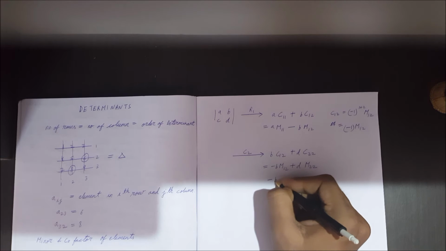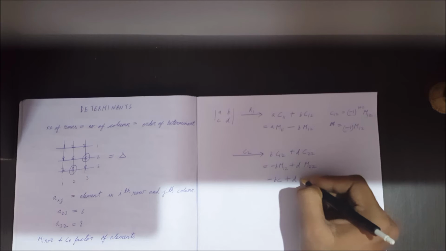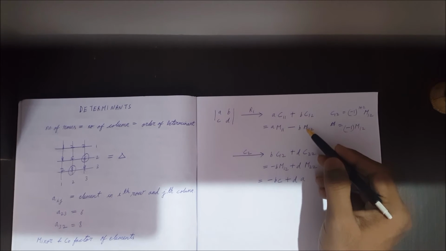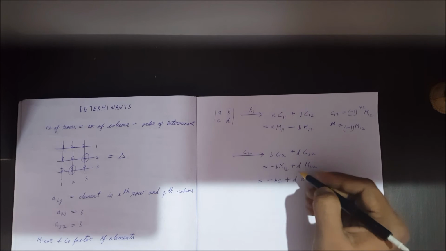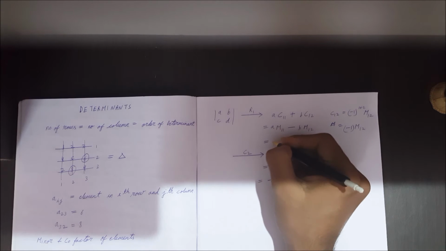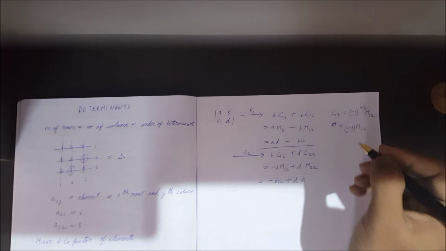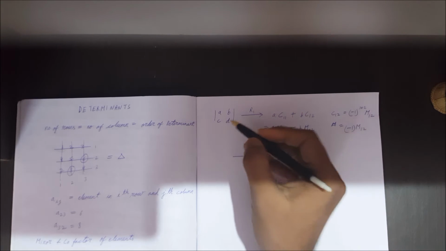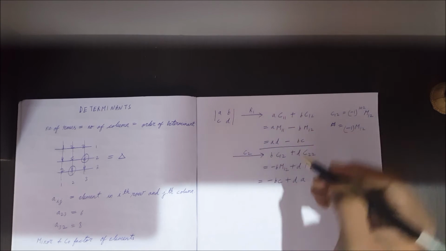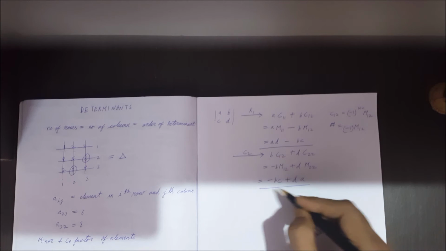We can write minus B C plus D A. So what happened is that we get AD minus BC. So the value will be the same whether you expand with row 1 or row 2 or C1 or C2. Always the value of a determinant will come the same.